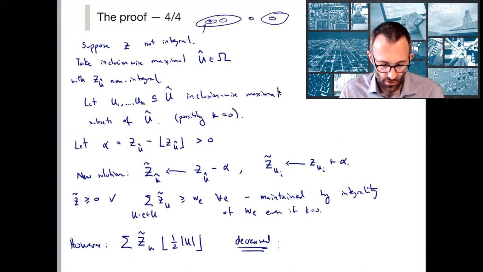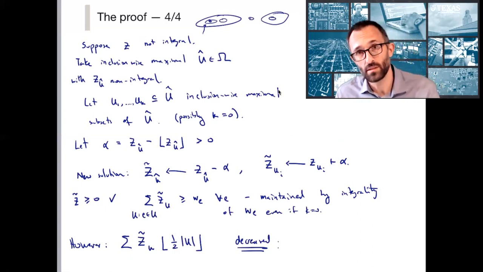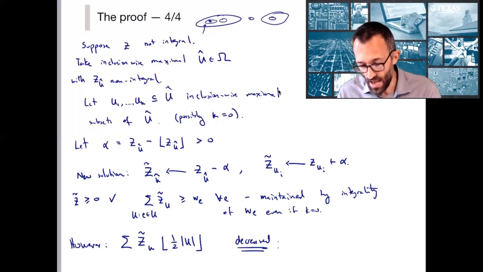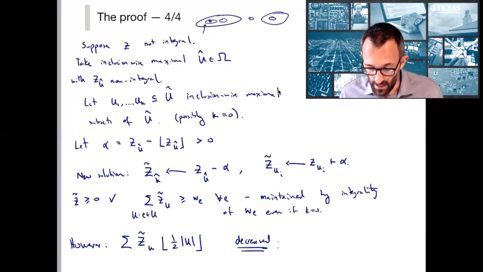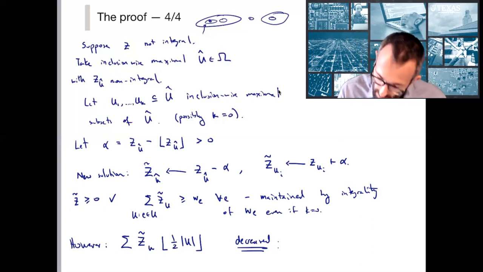If we look at what this weighting is doing, it's counting the cardinality, and I decreased z u hat, but I increased all of the z u i's. So you may be concerned that perhaps I increased it, but that's not the case because of laminarity.